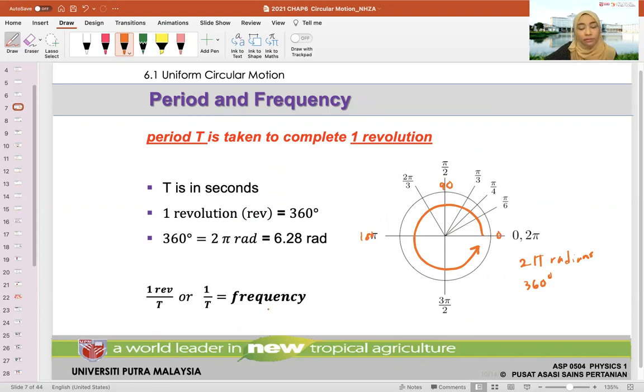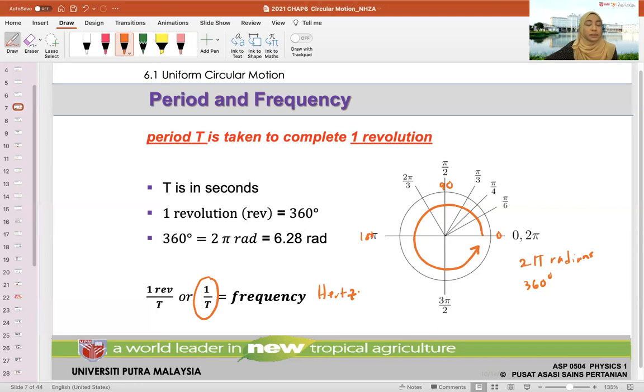And we, I forgot about frequency. So we know that period is the time taken for one revolution, right? One revolution, kita cakap pasal IKRI hari tu. So period is the time taken to complete one revolution. So 1 over t or 1 over period tells us frequency, and frequency is typically hertz.